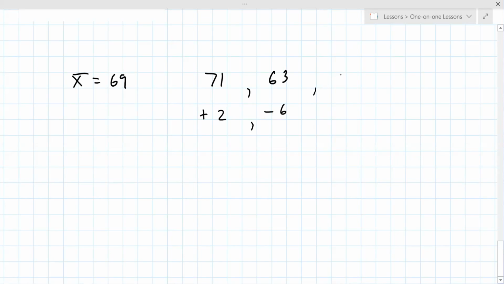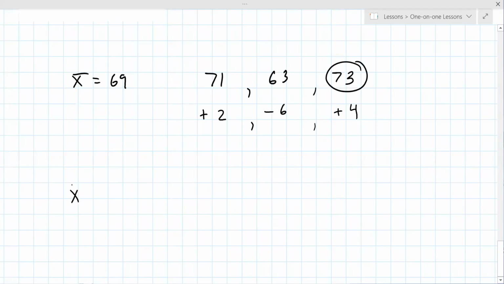So what's the third number? Well, we start down here. It should be plus 4. So what goes here? 73. Yes.